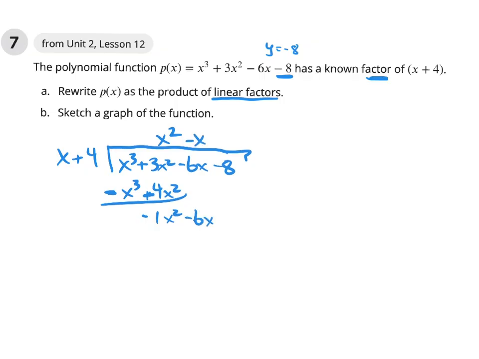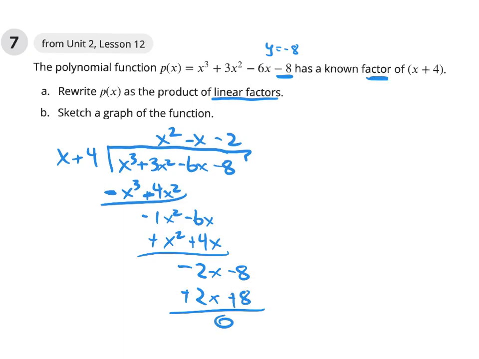Times it by -x. -x times x is -x squared. -x times 4 is -4x. Change both signs. I get -2x minus 8. I multiply by -2. I get -2x minus 8. Change both signs. I get 0.